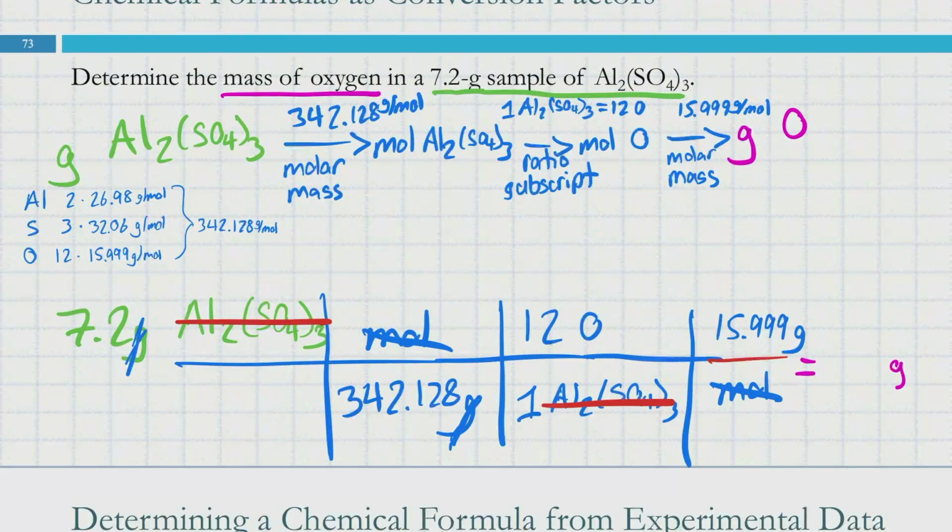The units that we have left are grams of oxygen. Questions? So do 7.2 divided by that 342 and change times 12 times 15.999, and we get 4.0, after we round, grams of oxygen.